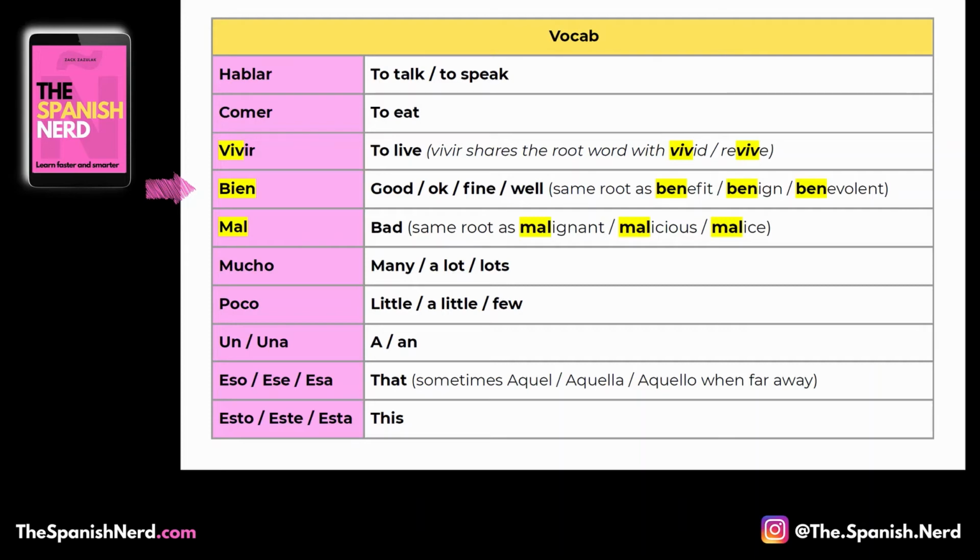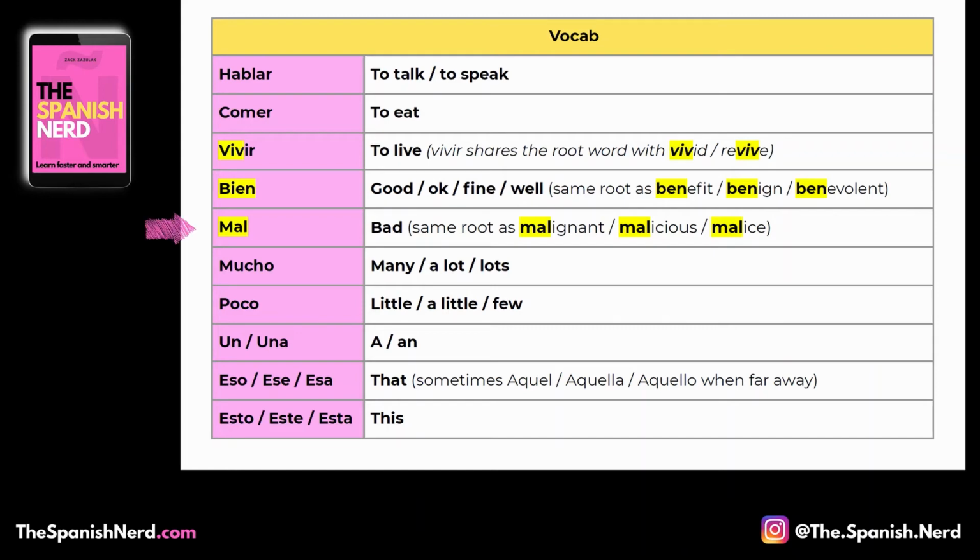You see that? B-E-N. Now, it's not exactly as bien, B-I-E-N. Over the course of history, languages change, evolve, and adapt, but it's very similar. And notice, what are the meanings of these words? Benefit, benign, benevolent. Don't they all have something to do with it being good?